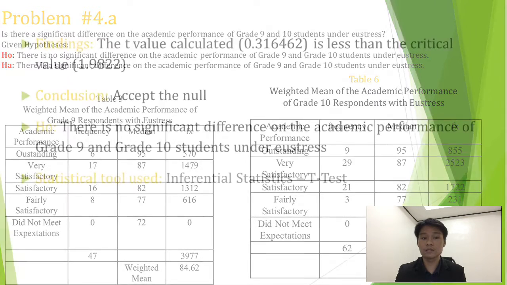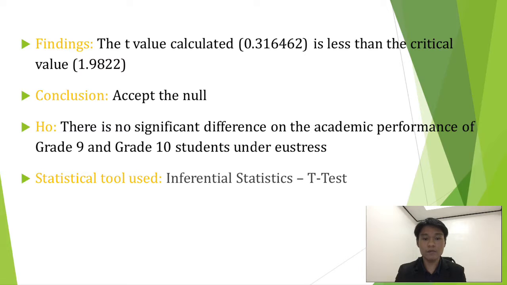For the findings, the t-value calculated, 0.316462, is less than the critical value of 1.9822. For the conclusion, accept the null. There is no significant difference in the academic performance of grade 9 and 10 students under eustress. The statistical tool used is the inferential statistics t-test.